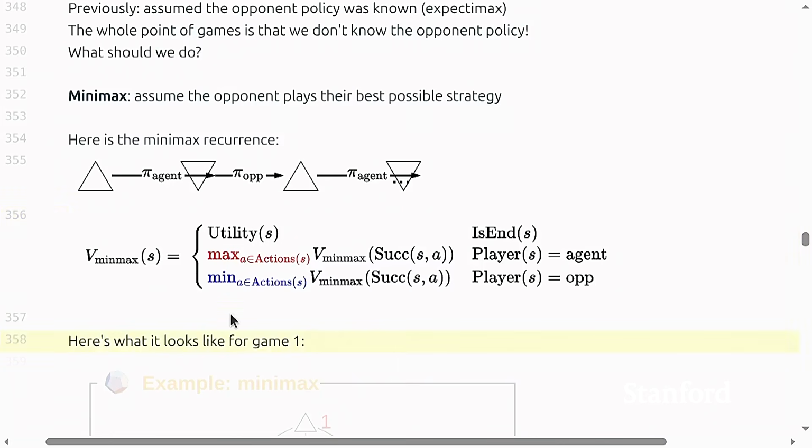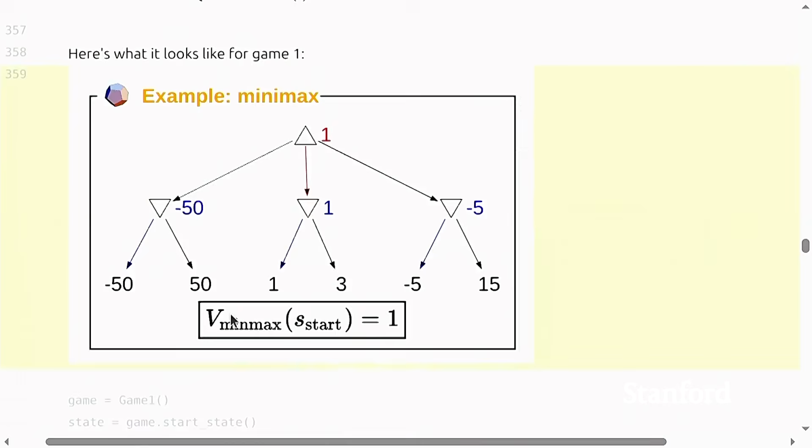So this is what it looks like for game one. If I have these opponent nodes, which are now min nodes, then I take the min over minus 50 and 50, I get minus 50, take the min, I get 1, take the min, I get minus 5.